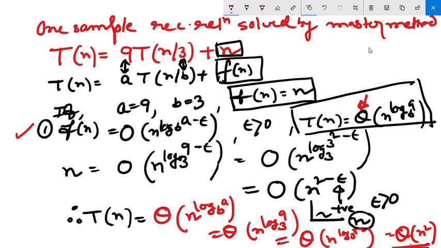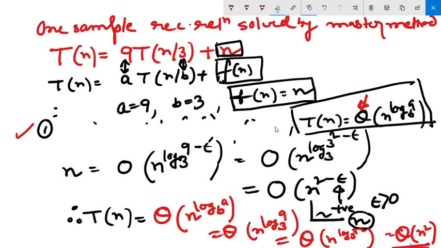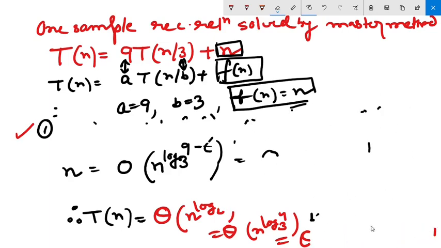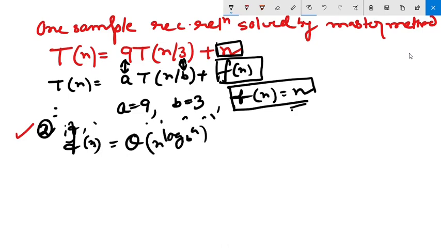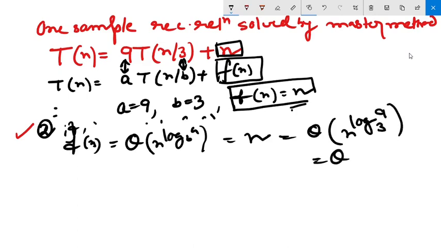Now if you take the second option, option 2 says that if f(n) equals theta of n to the power log base b of a. f(n) is nothing but n, so n should equal theta of n to the power log base 3 of 9, so theta n square.